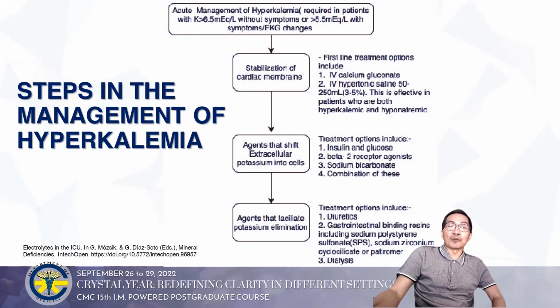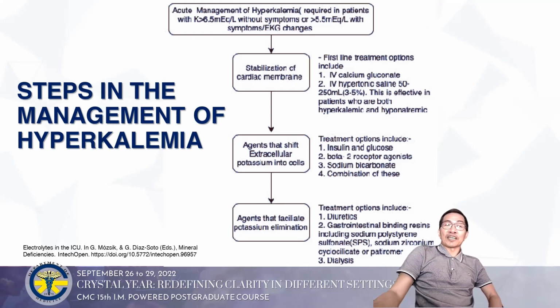As far as shifting your potassium back into the cell, this is what we commonly see in our wards, not even in the ICU. You give your insulin, your glucose insulin solution. You can give your beta-2 receptor agonist. You give your sodium bicarbonate to counteract acidosis, and a combination of this is usually effective in shifting your potassium from your extracellular into the intracellular space.